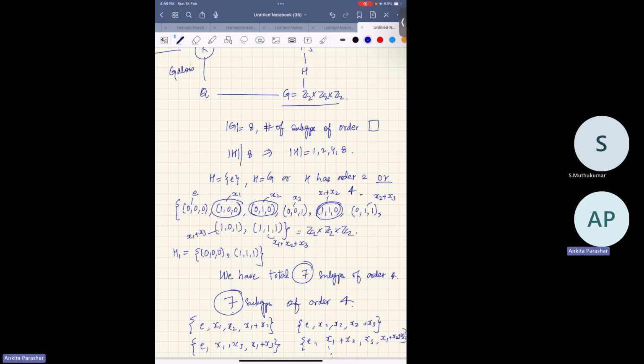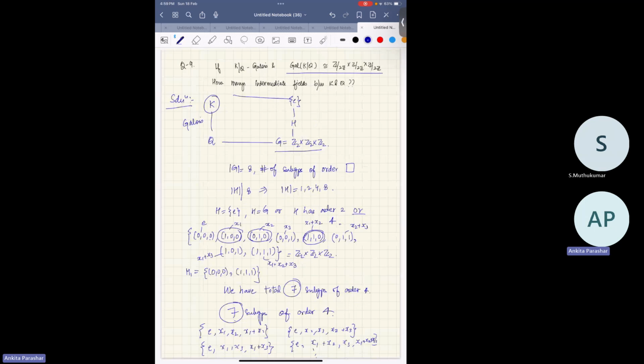All right. So going back to the question: how many intermediate fields between K and Q is the same as how many subgroups we have. Total subgroups have either order 1, 2, 4 or 8.